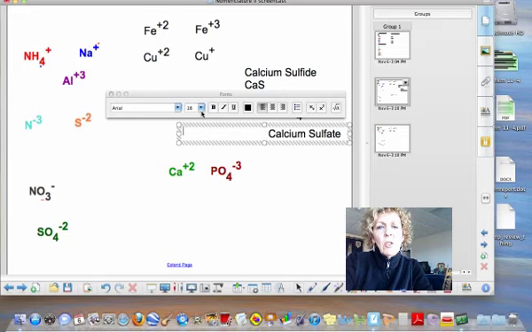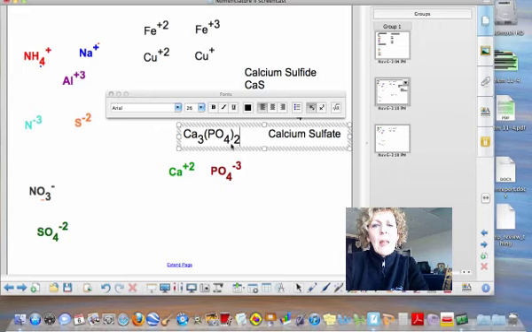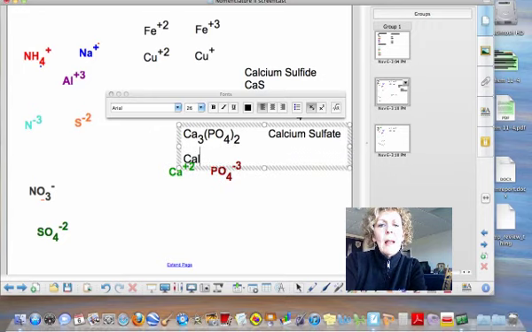So my formula is going to be Ca subscript 3, because I need 3 of those, and then parentheses PO4, and then I need 2 of those, and this would be called calcium phosphate.